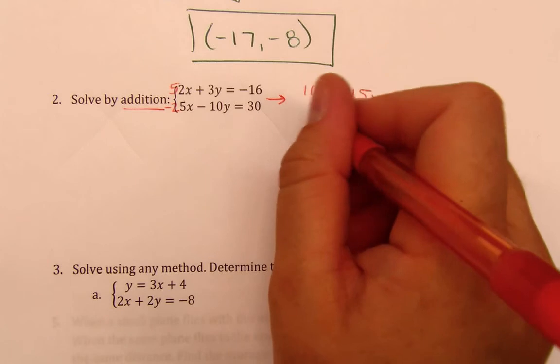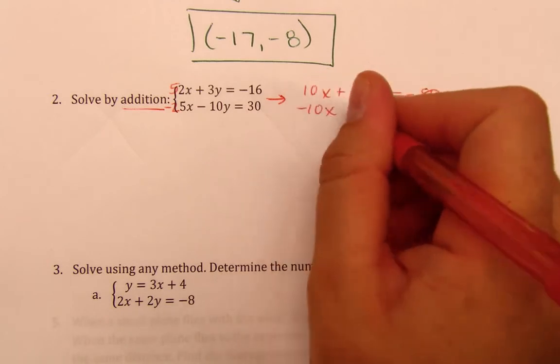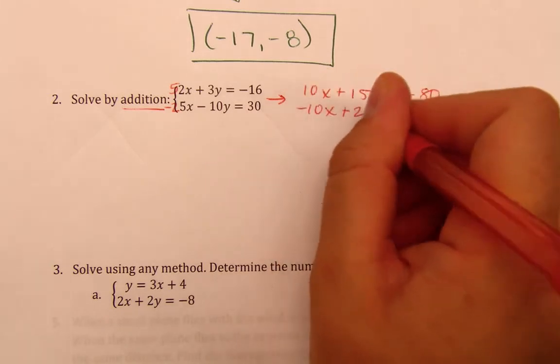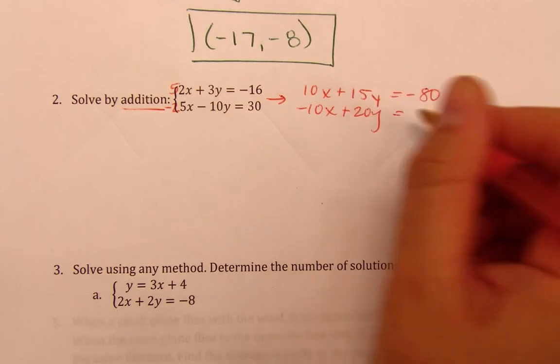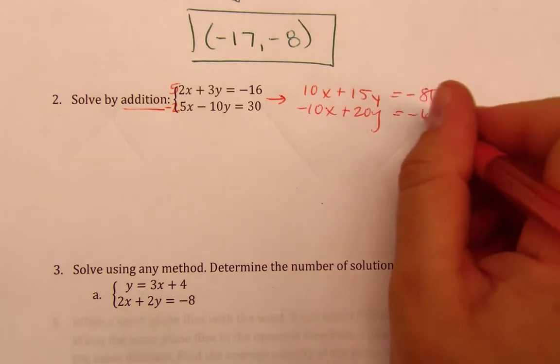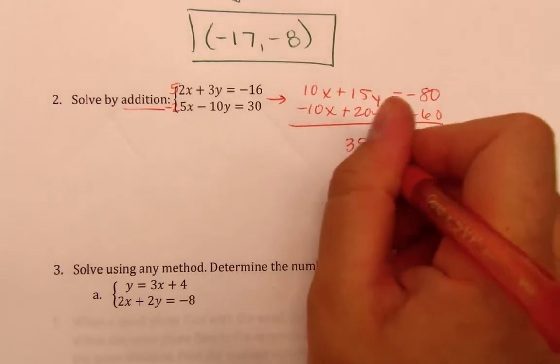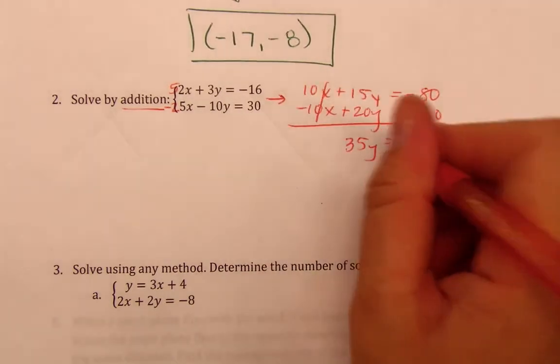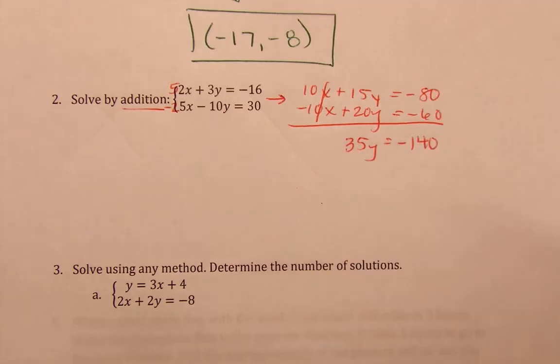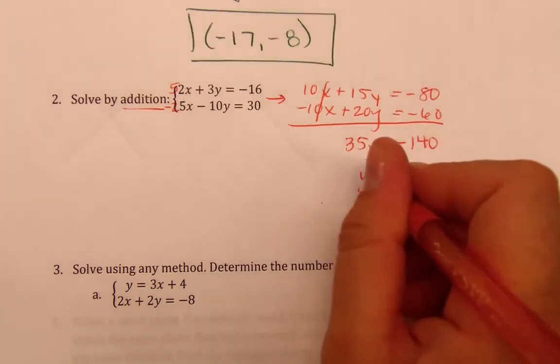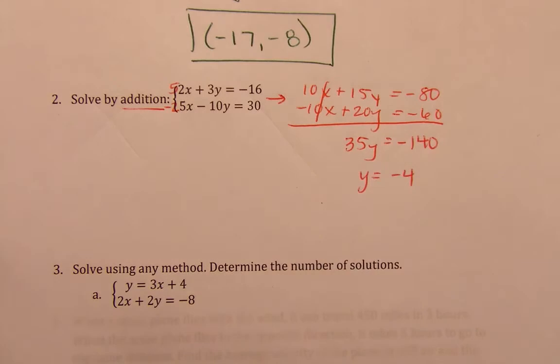And then I'll have -10x plus 20y equals -60. I have 35y, my x's cancel, equals -140. And dividing gives me y equals -4.